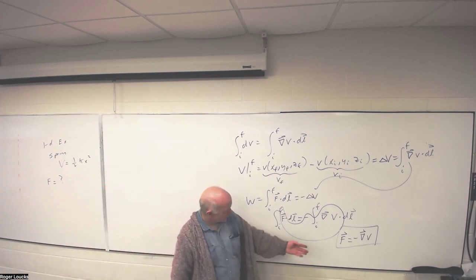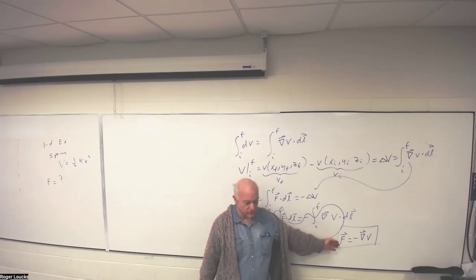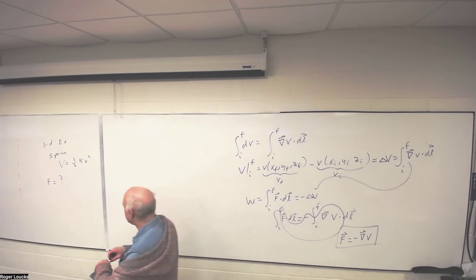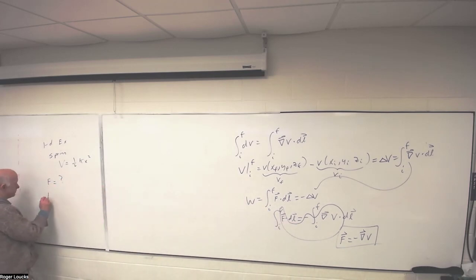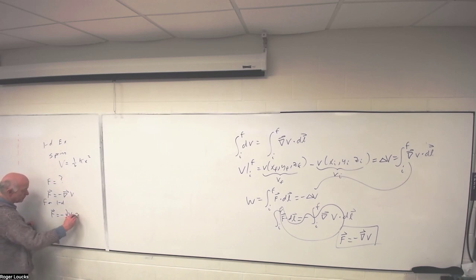Okay. Let's take our handy dandy expression here. If I only have the x direction, what does this become? For 1D, I have really F equals minus partial V with respect to x.